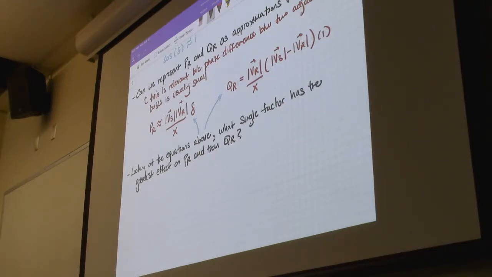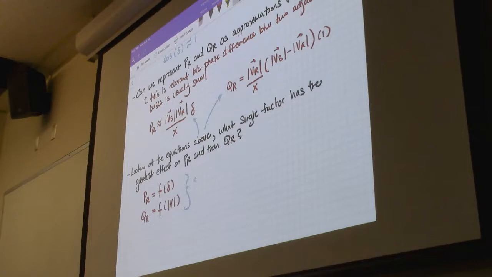It's different for either. So for PR, we see that angle, there's a very strong relationship. We could say PR is predominantly a function of delta. And we can say QR is predominantly a function of the voltage magnitudes at both of the buses.